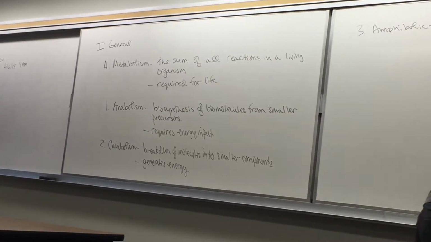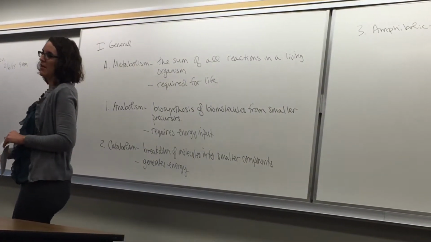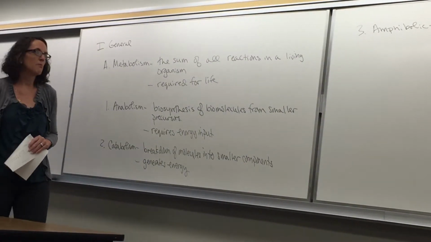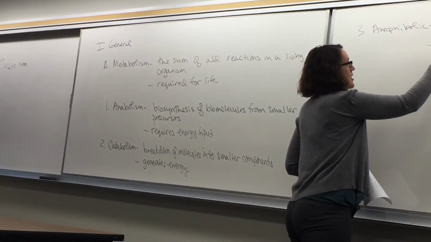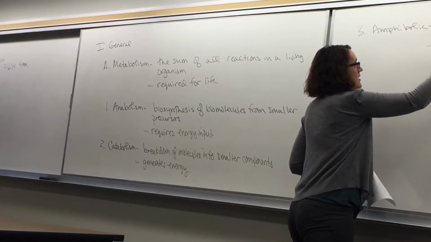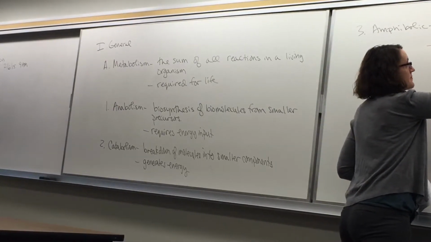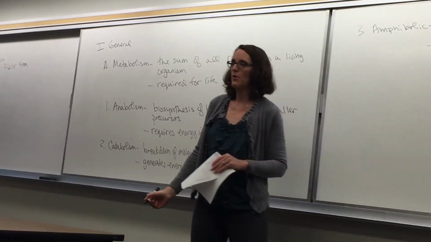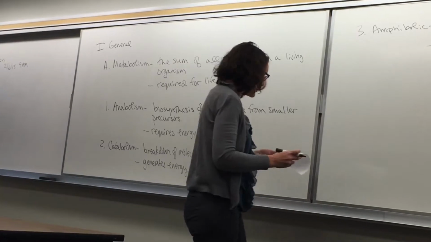So it's a dual purpose pathway. Some of the reactions lend themselves to being catabolic, and some lend themselves to being more anabolic. The very first pathway that we're going to see that meets this criterion is the citric acid cycle. It has elements that are both anabolic and catabolic in nature. So we'll see that very soon.